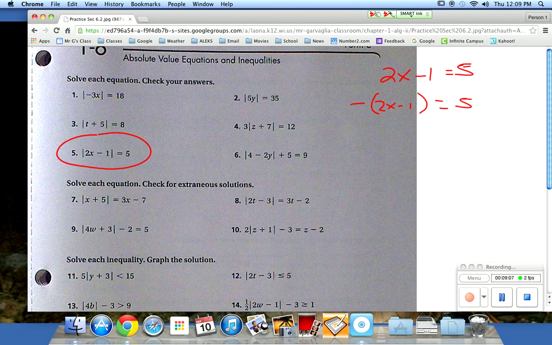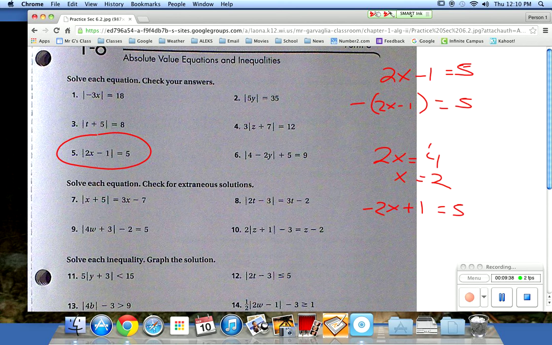So the first way, we bring the 1 over, it becomes 4. 2x equals 4, x equals 2. Right? We do it the other way. We bring this through and we have a minus 2x plus 1 equals 5. Now we can subtract 1 from this side. I went backwards here.